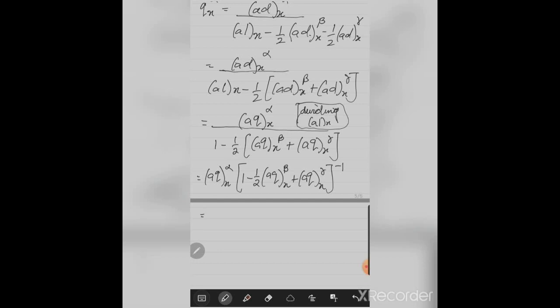So I'll write this as aqx alpha to the power 1 plus half, and then we have aqx beta plus aqx gamma.